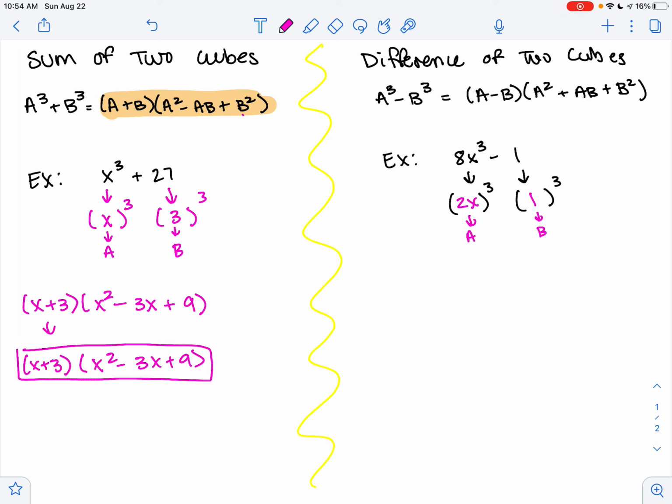So let's factor that. We are going to be using this rule over here to be able to factor this. So first I have a minus b. So that's going to be 2x minus 1. My second term, I have a squared. So I need to do 2x squared. Let me write this down over here. 2x squared. Well, if I use my exponent properties, that would mean I would have 2 squared times x squared, which would give me 4x squared.